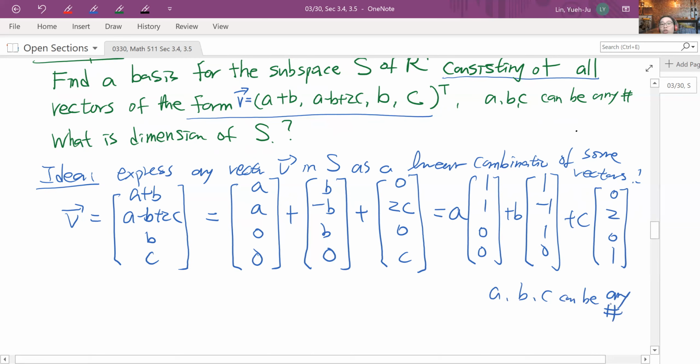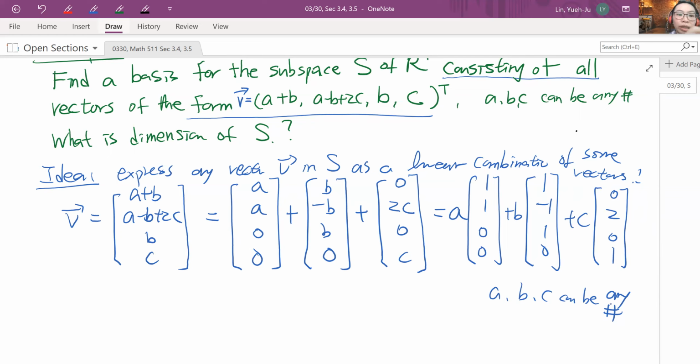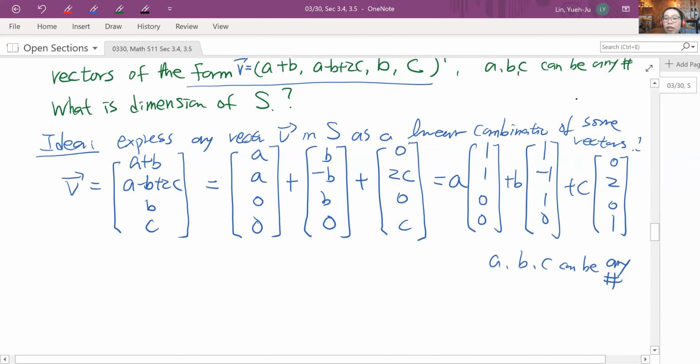Once you do this treatment, you're essentially telling me any vector v in this subspace S looks like a linear combination of these 3 vectors: (1, 1, 0, 0), (1, -1, 1, 0), and (0, 2, 0, 1). So basically, if you call these u1, u2, and u3, right?